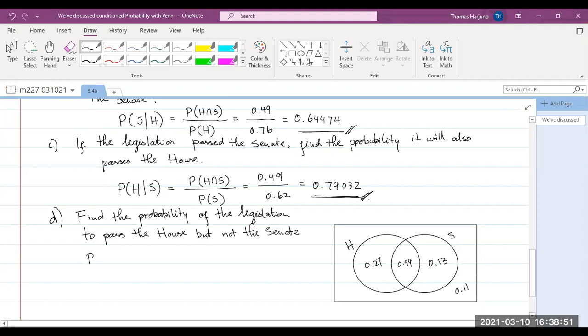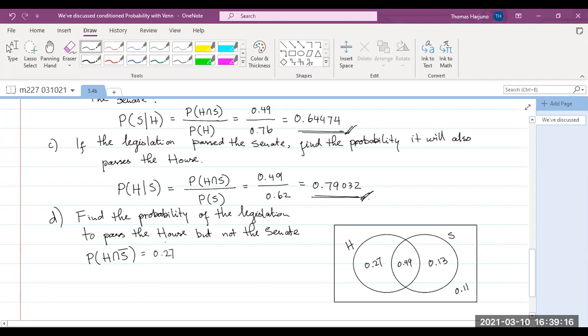Basically, what is the probability to pass the House and not the Senate? Pass the House and not the Senate refers to this one here, right? That's 27%, 0.27. Now, the big question is, how did you get that 0.27, Thomas?